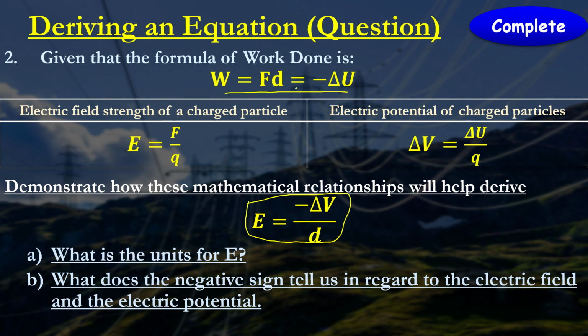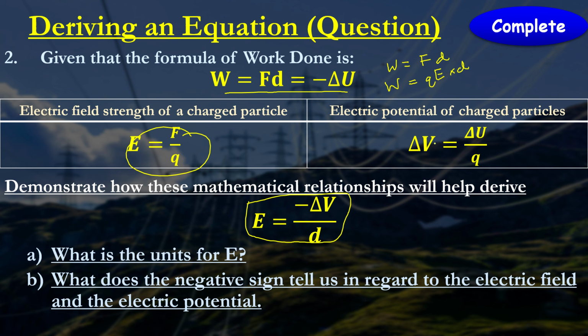Alright, so I know that work is force times distance. Now I know that I can rearrange that equation using this equation here to say that the charge times the electric field times the distance is the work done I'm looking for. Okay.